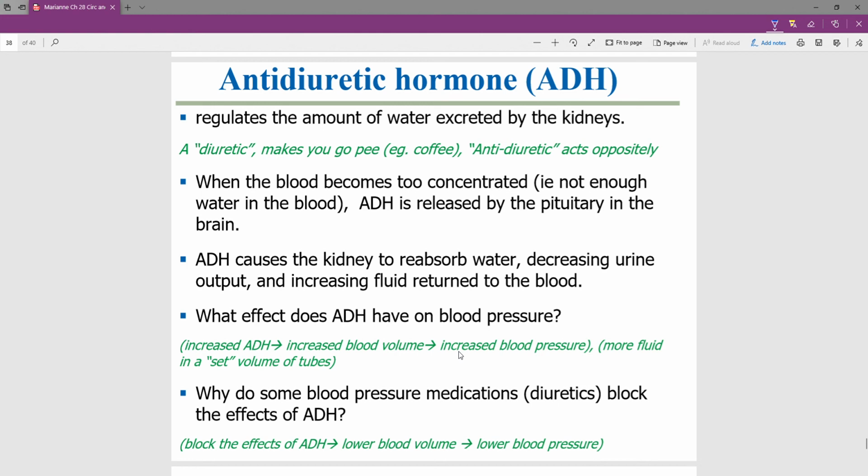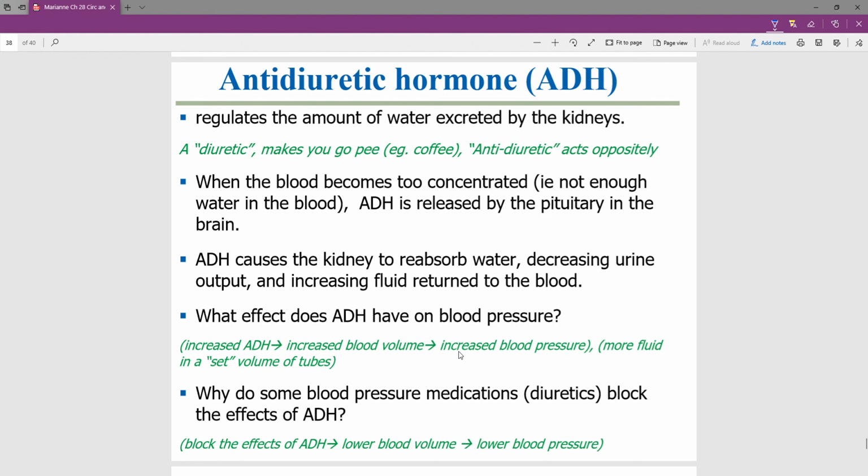It's going to regulate the amount of water that is being reabsorbed throughout the different parts of the nephron. And so when your blood becomes too concentrated, i.e. not enough water, antidiuretic hormone is released to increase the amount of water that is being reabsorbed.